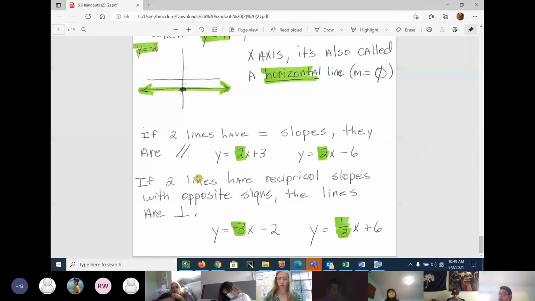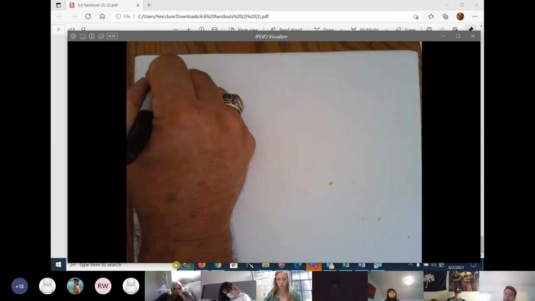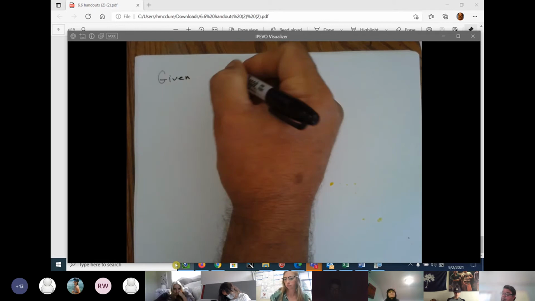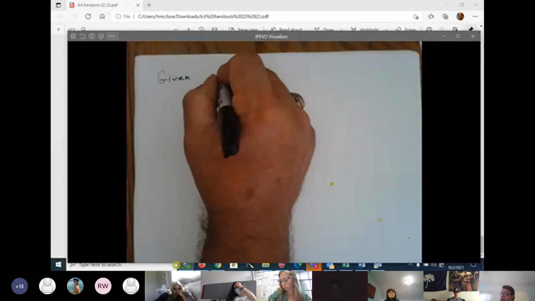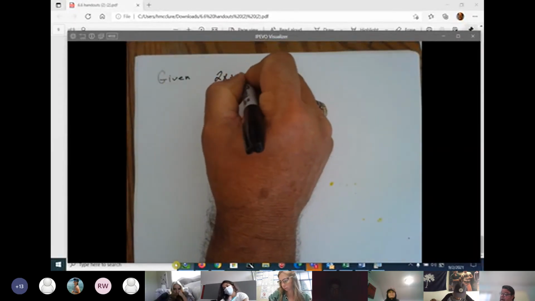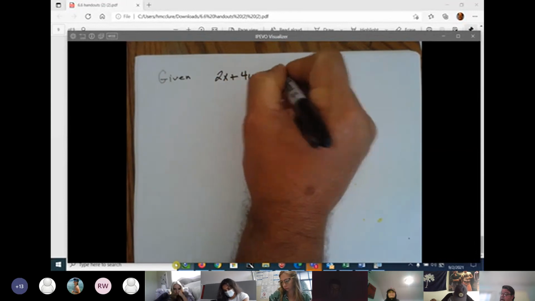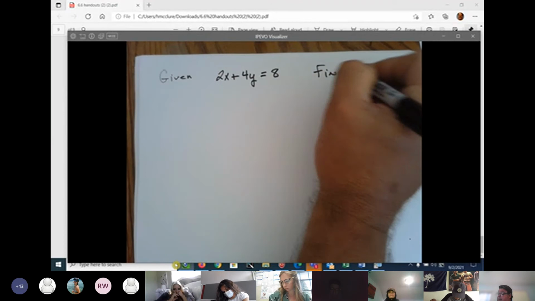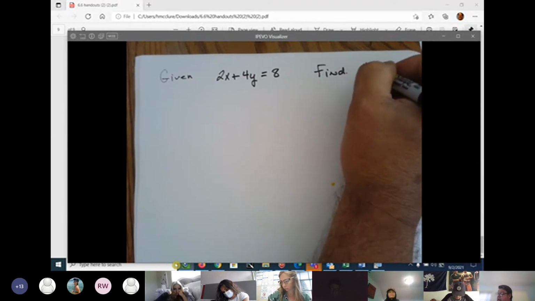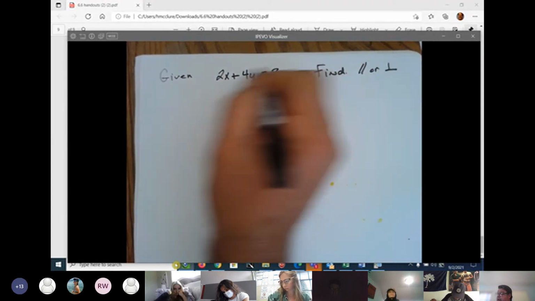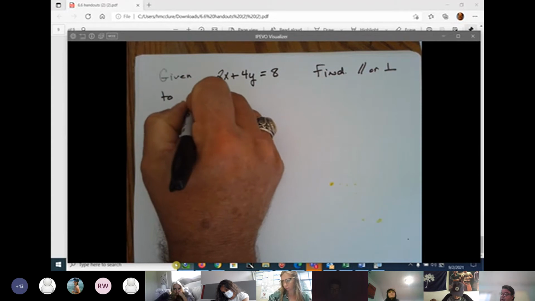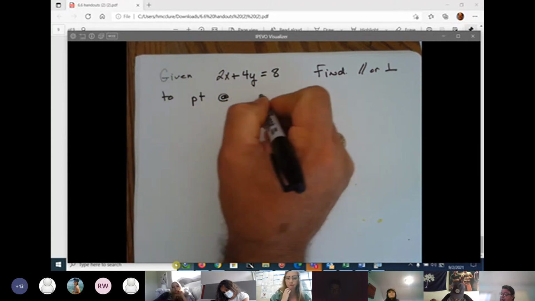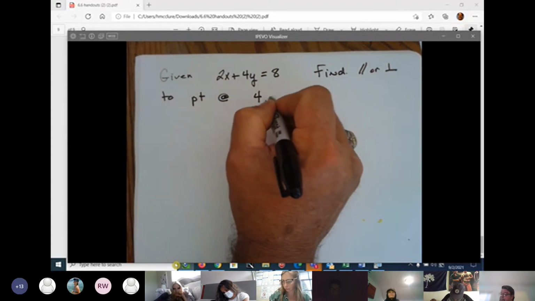And this is what the question will say. It will say, given 2x plus 4y is equal to 8, find the line parallel or perpendicular to a point at (4, 5).